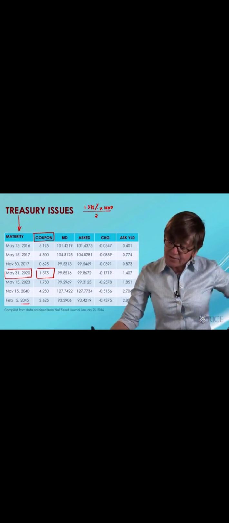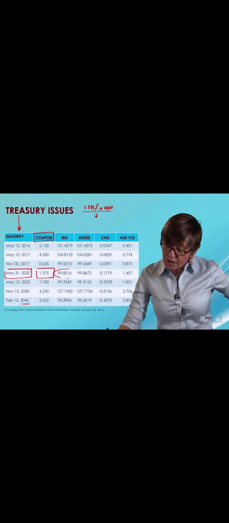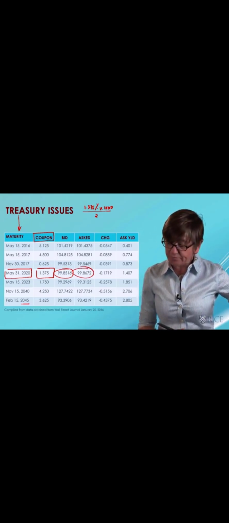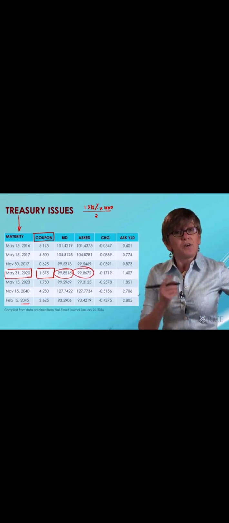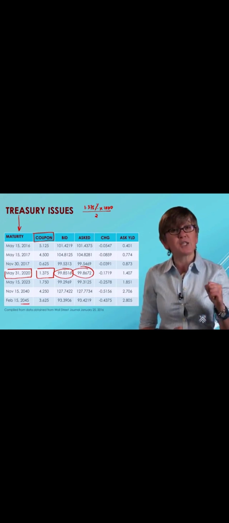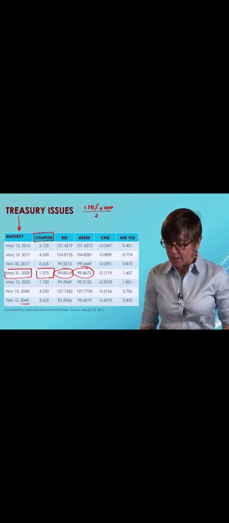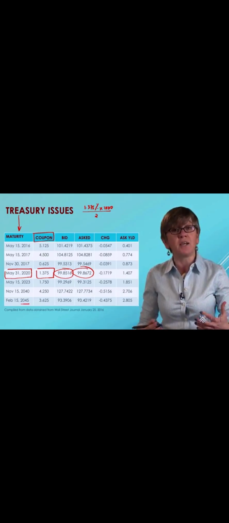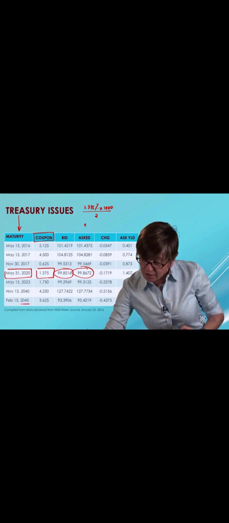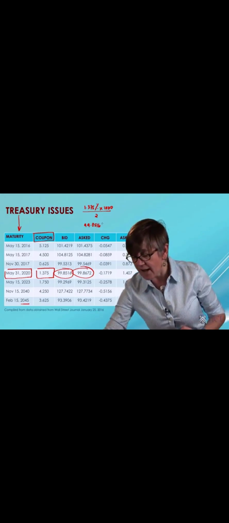The next two columns show us the bid and the ask price. Remember again that the bond prices are expressed as percentages of par value. So if we wanted to compute the bid price on this particular issue, it would be 99.8516% of par value.